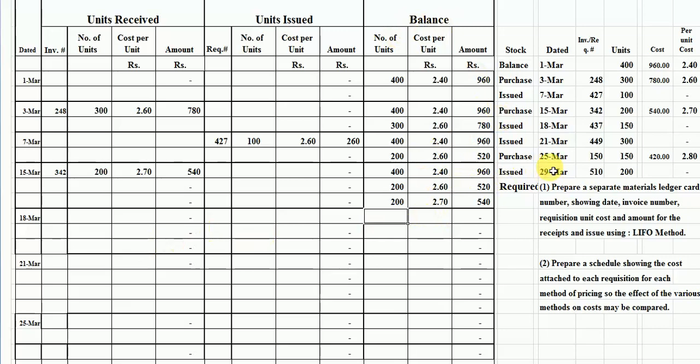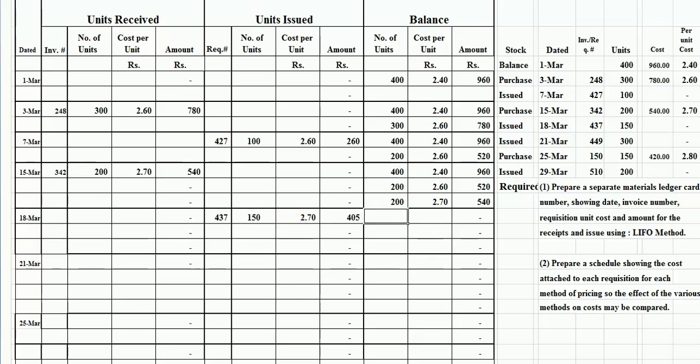Again, 18 March, 150 units are issued. The requisition number is 437. The units issued are 150 units. Now we take these units from the last purchase. The rate is 2.70.